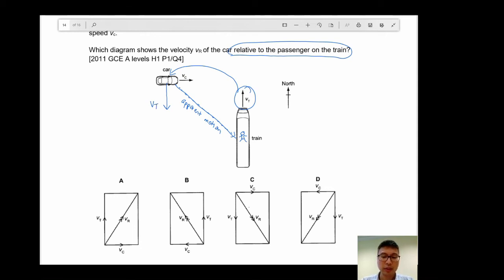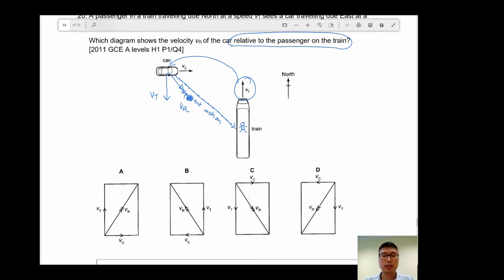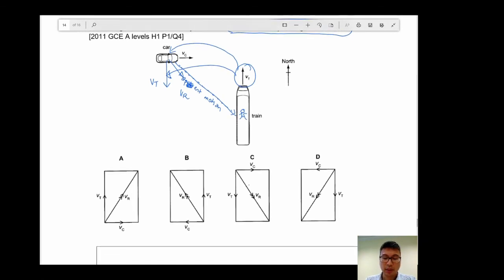And these two velocities will now add up to give me the resultant velocity. So once again, I transferred my train's velocity to the car because I'm on the train, I feel like I'm stationary. That means it's the car that's actually moving behind and not me moving in front. So when I transfer my train's velocity to the car, it's turned backwards. So the correct answer will be C. And that's how you do question 20.